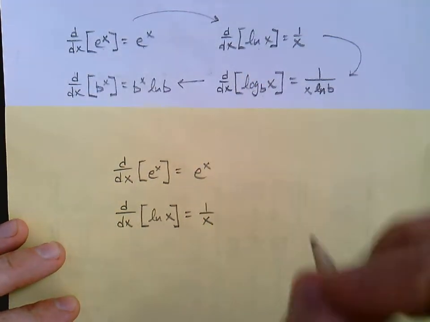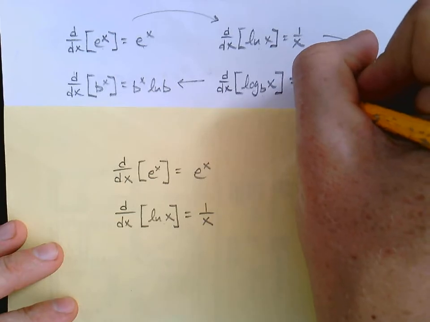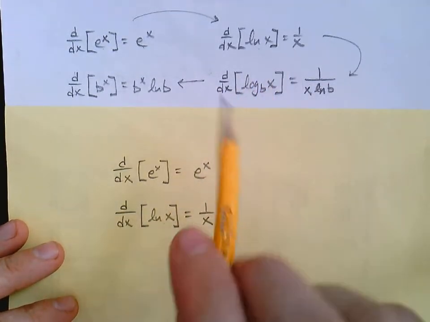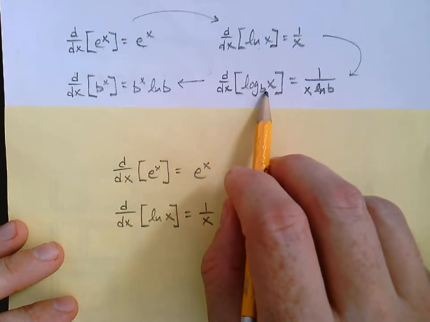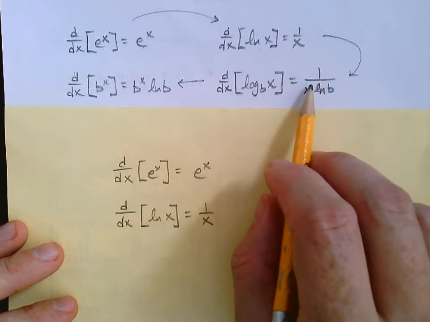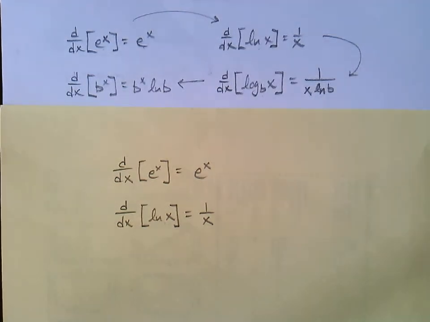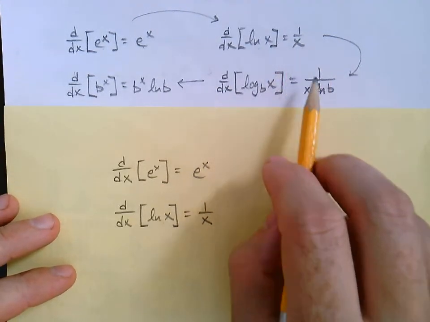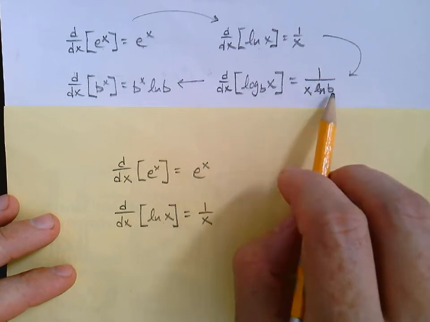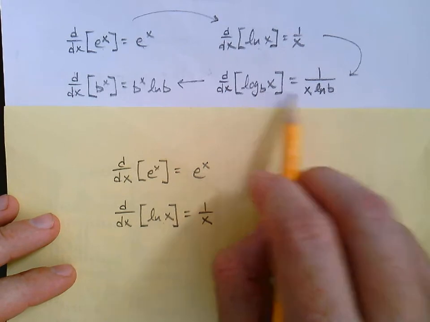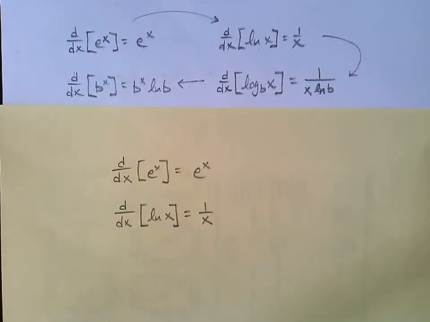And it turns out this is the formula. Very similar to natural log. Natural log is 1 over x. Any other logarithm with base b is 1 over x times the natural log of b. So you still have that 1 over x piece to it, but then also in your denominator, multiply by the natural log of whatever that number is. Okay. We'll see an example in just a moment.